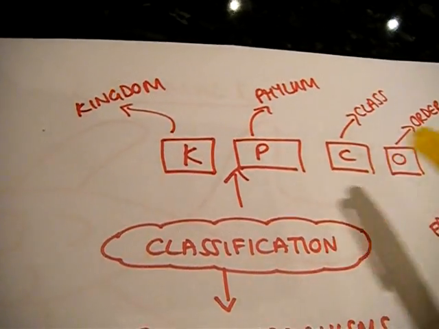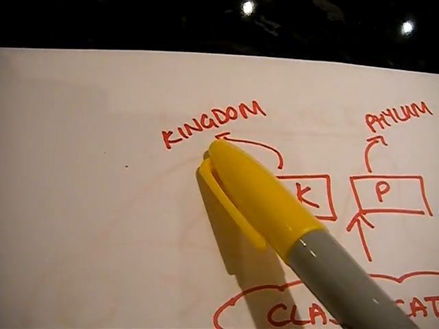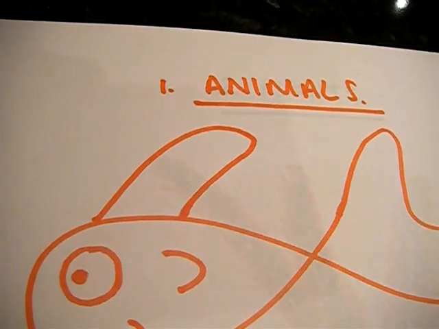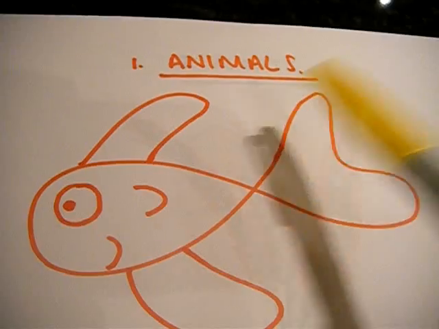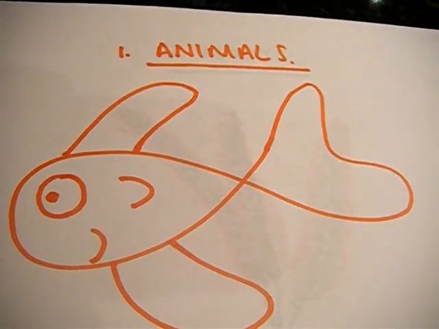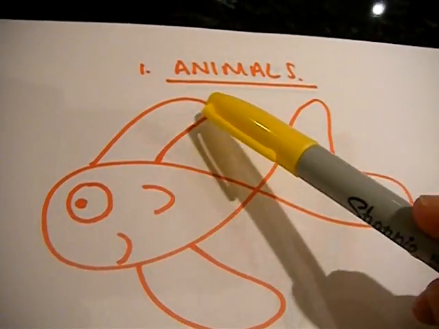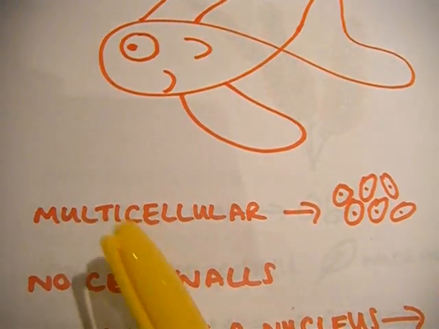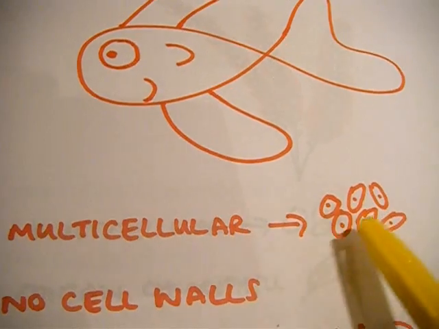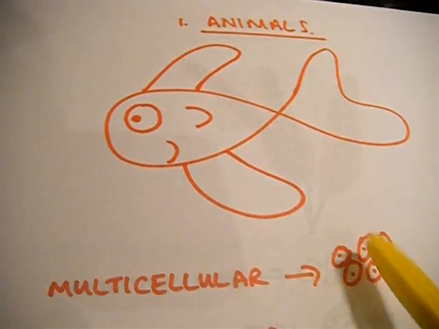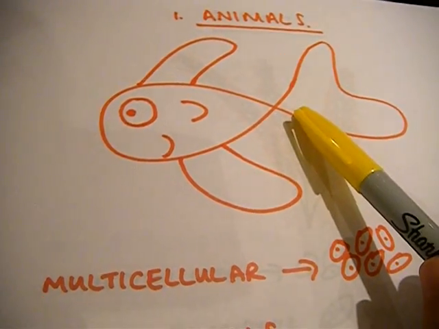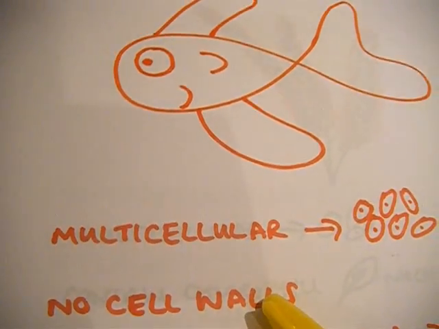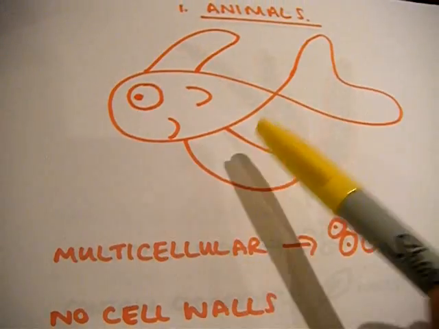So we're going to take a look at the different kingdoms in order. You might know already there are 5 kingdoms. The first of the 5 is the animal kingdom. Something is classed as an animal if it has a multicellular structure, so it's made up of lots of different cells that come together to make up the whole organism. Those cells have no cell walls. You might remember plants have cell walls, but animals don't.